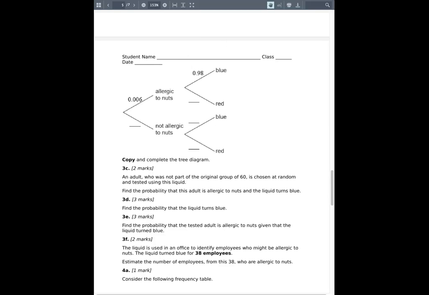Alan, do you understand? Yeah, so it's asking for the probability when the liquid turns blue, and we found that probability in 3D, which is 0.0556, and that would be your denominator.